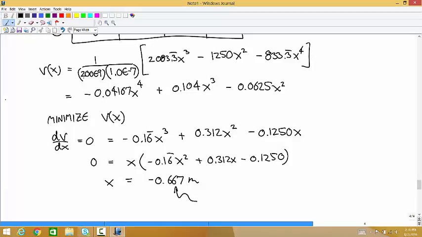First things first, this number is too big to be realistic. But this is a cubic equation, so you're going to get 3 roots. What do the 3 roots mean?